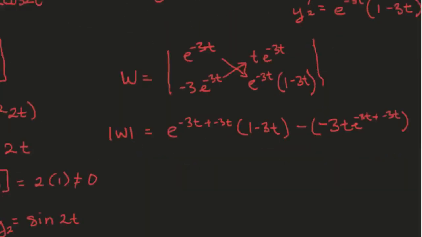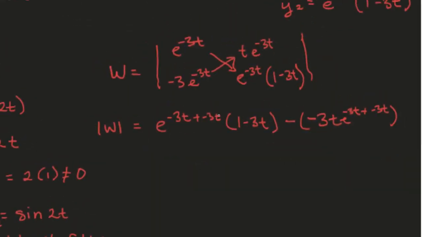So let's look at what we have when we simplify a little bit. We're going to have e to the negative 6t times 1 minus 3t plus 3t e to the negative 6t.